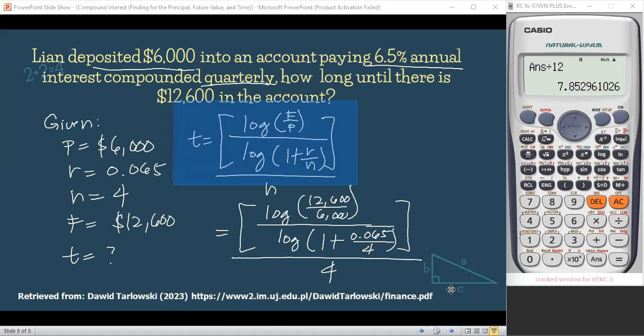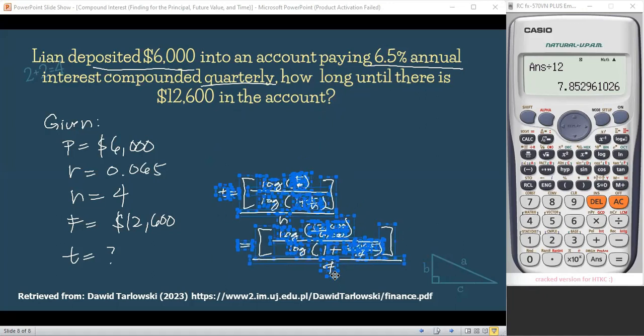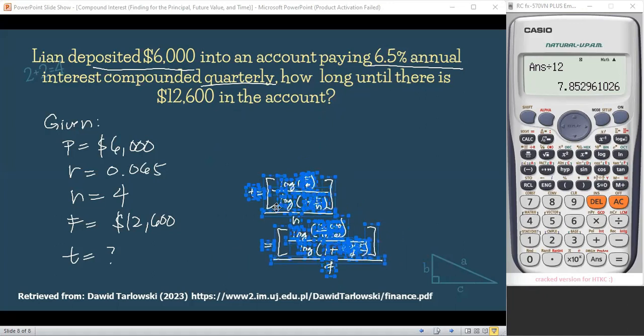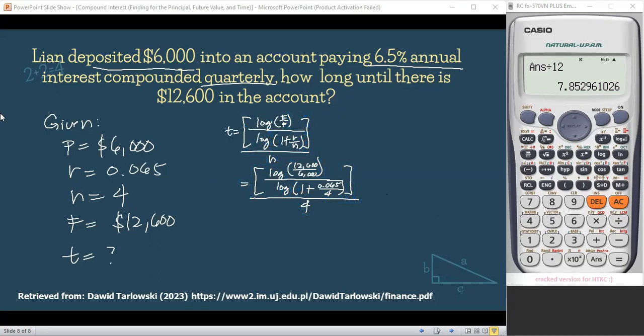So, palitin lang po natin. So, that will give us the logarithm of 12,600 all over 6,000 divided by the logarithm of 1 plus 0.065 over 4.